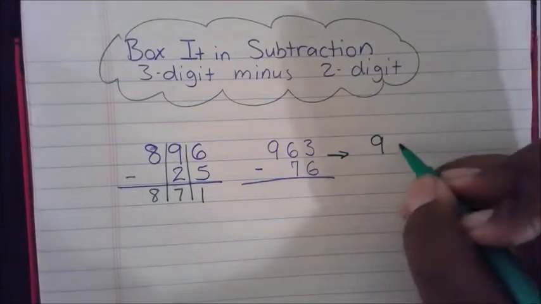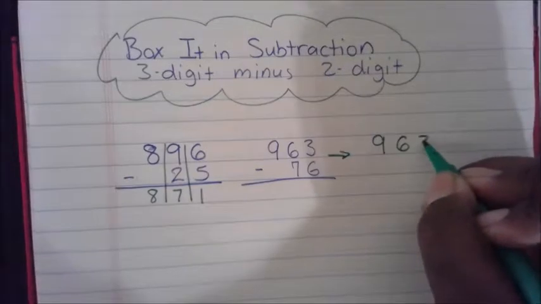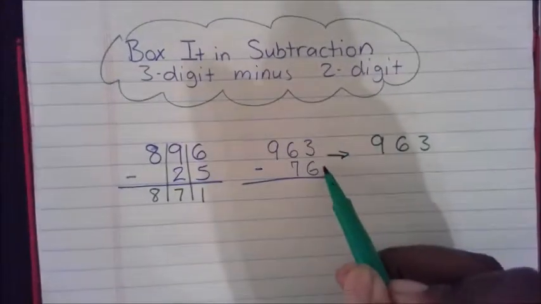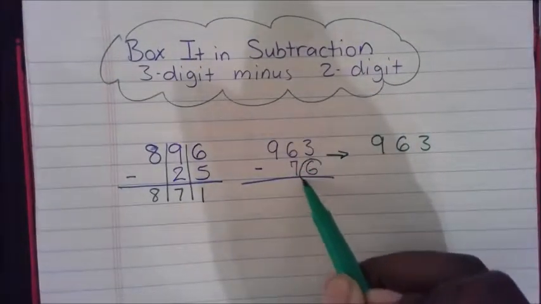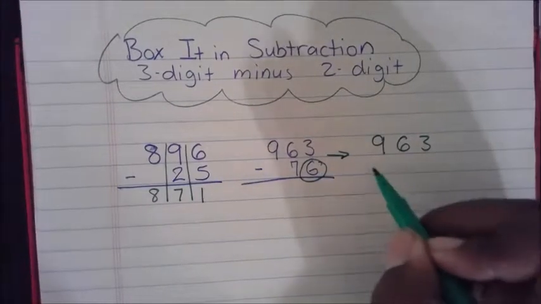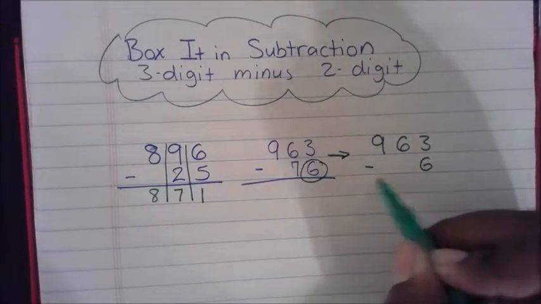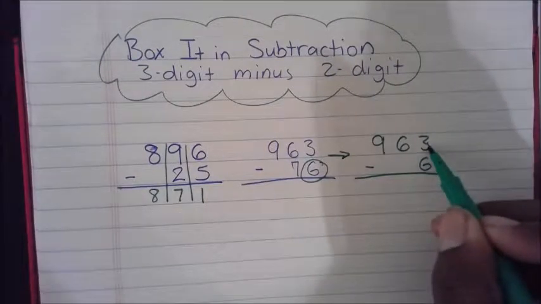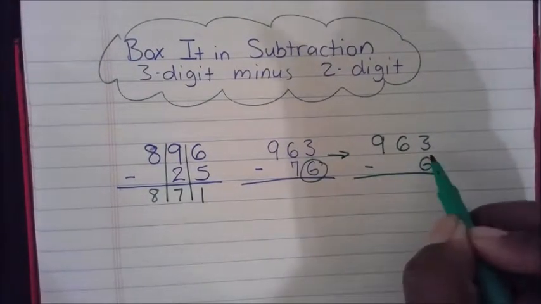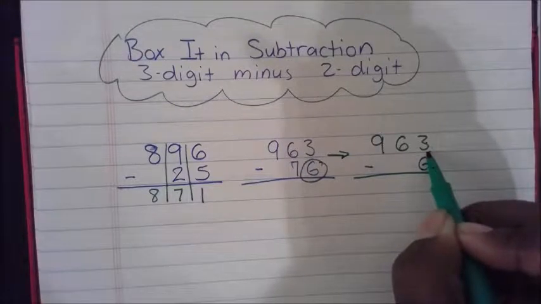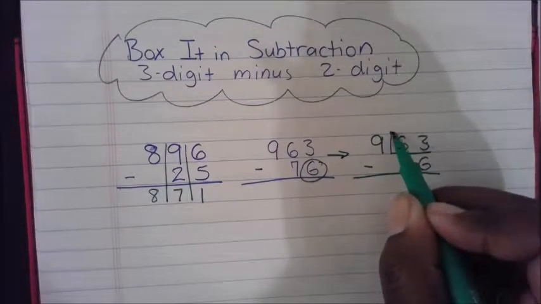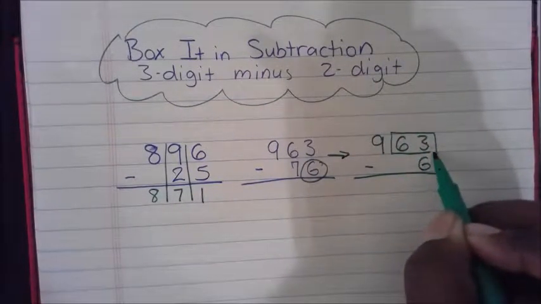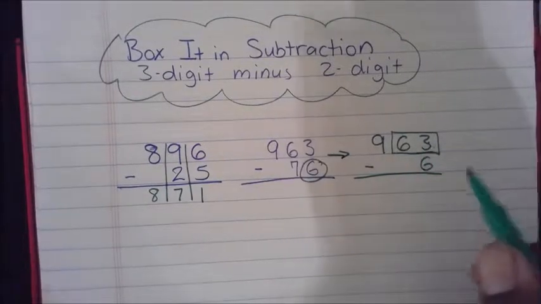We keep the top number, 963, and I'm going to start in the ones place by taking 6. Now, as we already know, 3 doesn't have enough that we can take 6. So what we do with the boxing in method is we box in the next place with that number. That turns that 3 into 63.